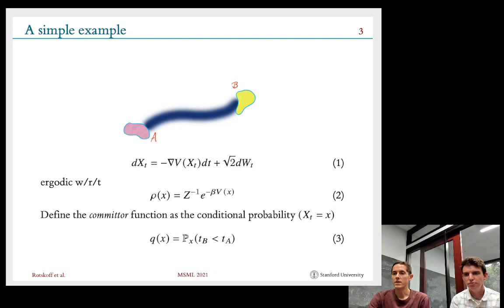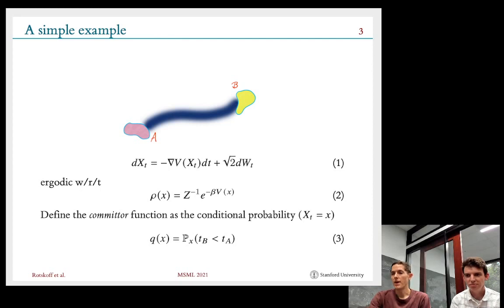And we define the committor function, the object of interest in this paper, to be a conditional probability. That conditional probability simply asks, given that my dynamics starts at a particular point x outside of the domains A and B, what is the probability that the time at which I hit B is less than the first time at which I hit A?